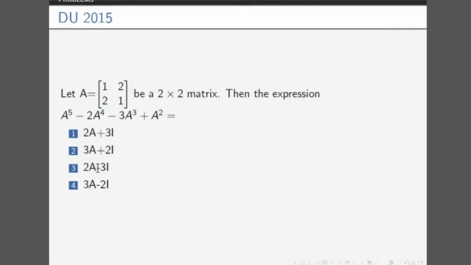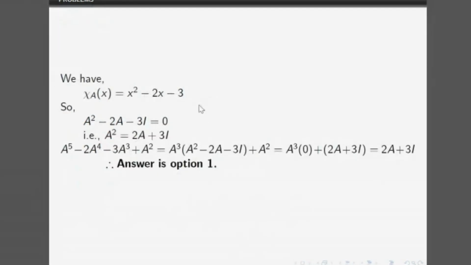2A plus 3I. Okay. Yeah, one of you has answered it as the Cayley-Hamilton theorem also. So we'll see how we apply it. Corresponding to this matrix, we can find its characteristic polynomial to be x squared minus 2x minus 3.